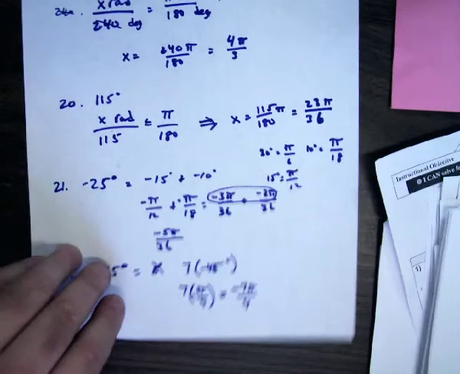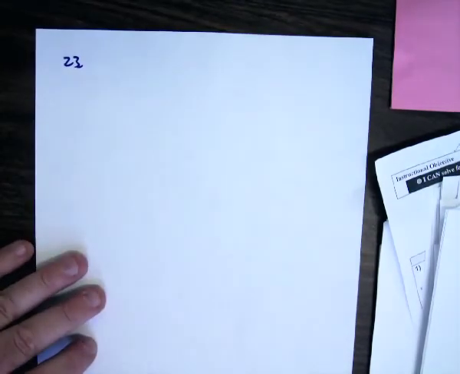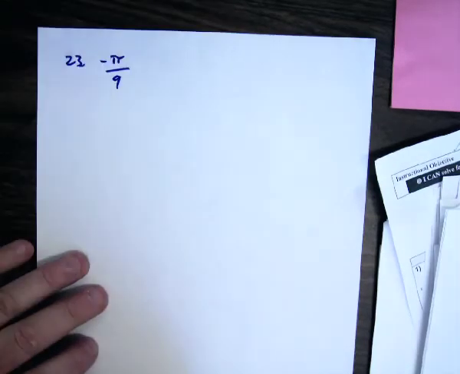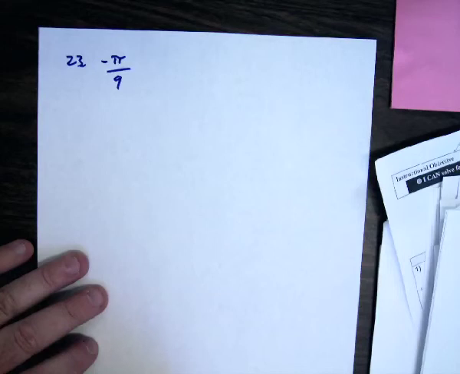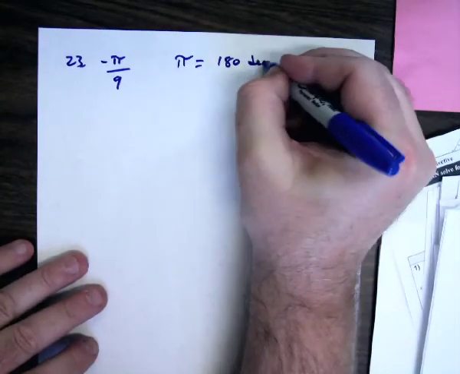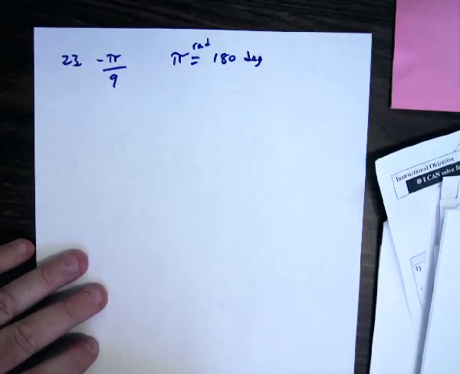Onward. 23. Now we're into the good stuff. Negative pi over 9. Once again, now we have to move this into degrees. Pi radians equals 180 degrees. We must know that.